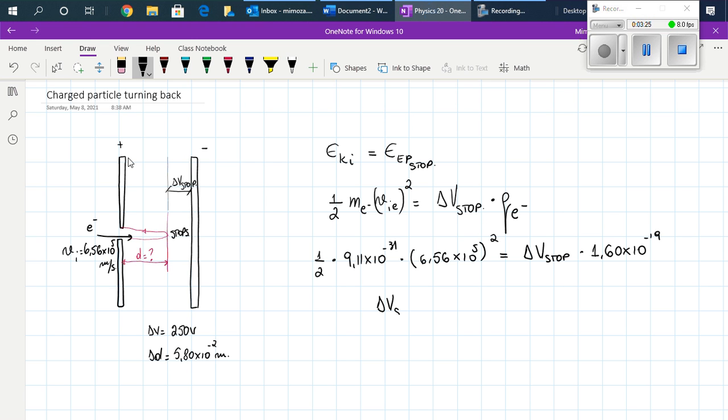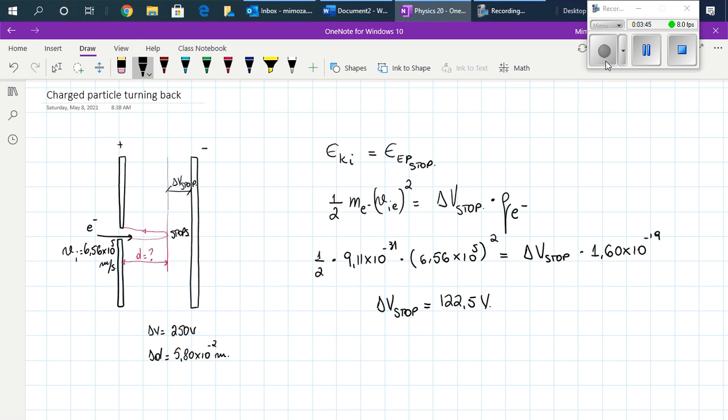From here, after we enter it in the calculator, we will find that the difference of voltage at which the electron will stop is 122.5 volts.